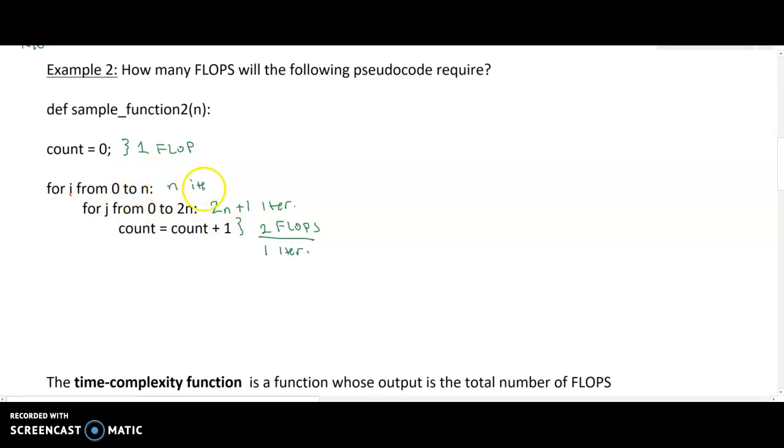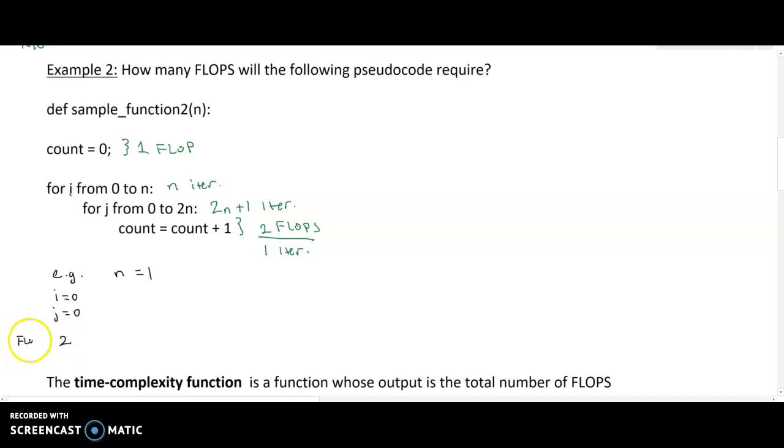So n iterations. An easier way to think about this is, suppose, for example, we assign n to be 1 to keep this really simple. The first thing that's going to happen is i is going to be assigned 0. j is going to be assigned 0, and then there's going to be 2 flops.